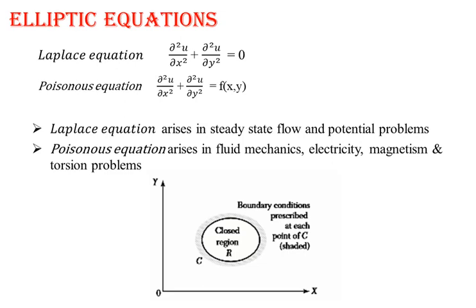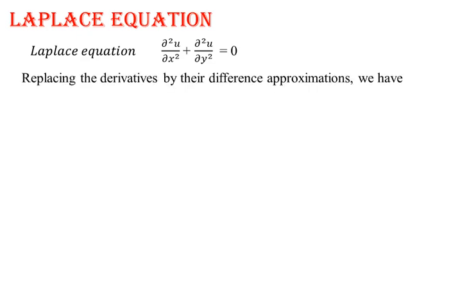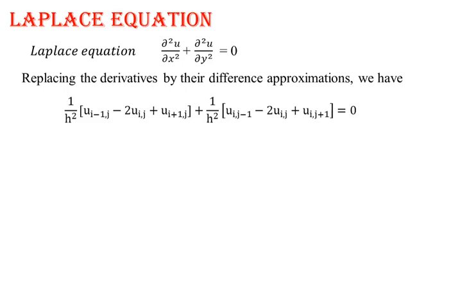So let's see how to convert this into a finite difference approximation. We are going to consider the first equation as the Laplace equation, which is ∂²u/∂x² plus ∂²u/∂y² is equal to 0. The finite difference approximation can be written for the double derivative in the x direction plus the double derivative in the y direction as 1/h² (u(i-1,j) - 2u(i,j) + u(i+1,j)) plus 1/h² (u(i,j-1) - 2u(i,j) + u(i,j+1)) is equal to 0.